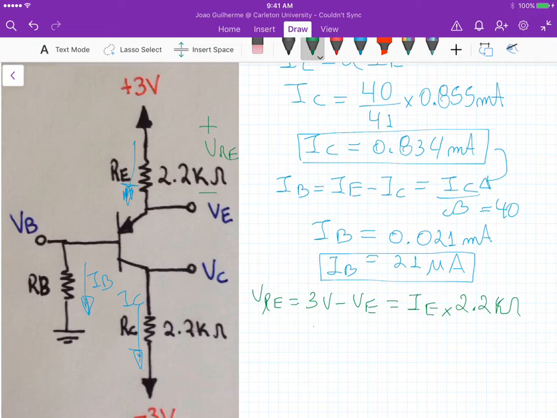Now, if we isolate VE in this equation, we get 3 minus 0.834 times 2.2. And here I'm just ignoring the k because we have milli here. So 10 to the 3 times 10 to the minus 3 gives us 1, right? So it's just minus 0.834 times 2.2. And this voltage, VE, is equal to 1.12 volts.